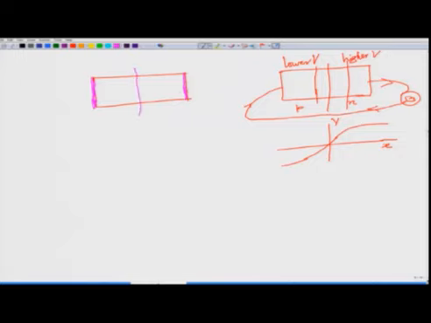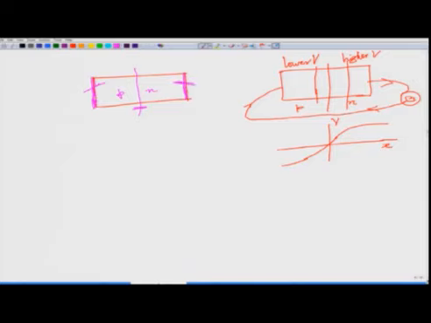And just like you had different materials on this side and this side, which created a potential difference across that junction, similarly you have different materials here. On one side you have this semiconductor, on the other side you have this metal. So, there is a potential drop here also.